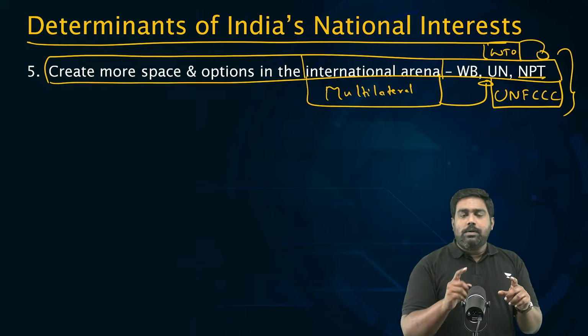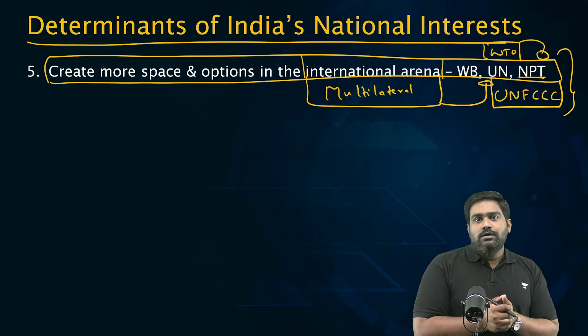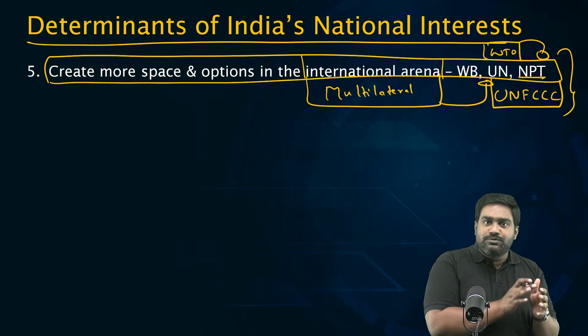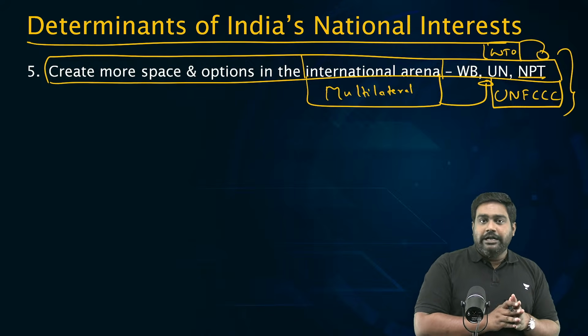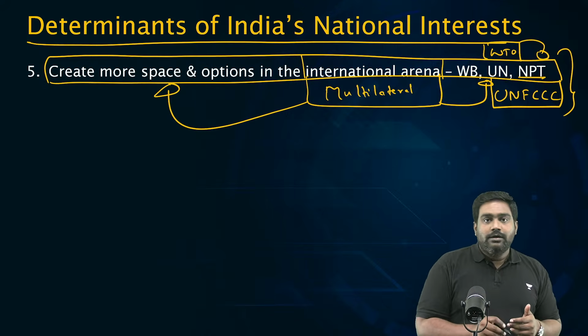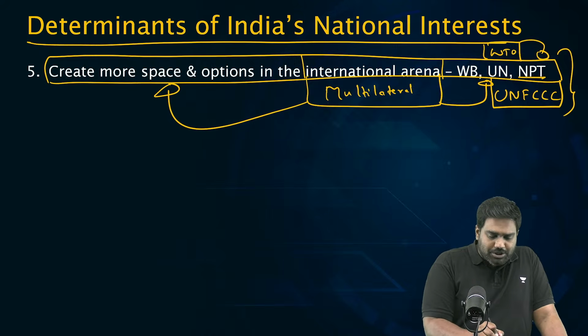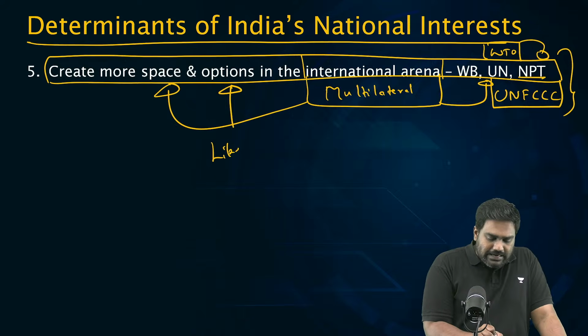At these global platforms, at these multilateral institutions, Indian diplomacy will try to create more space for India. It will try to create some flexibility to protect our core interests. It will try to create more options by working with like minded countries.